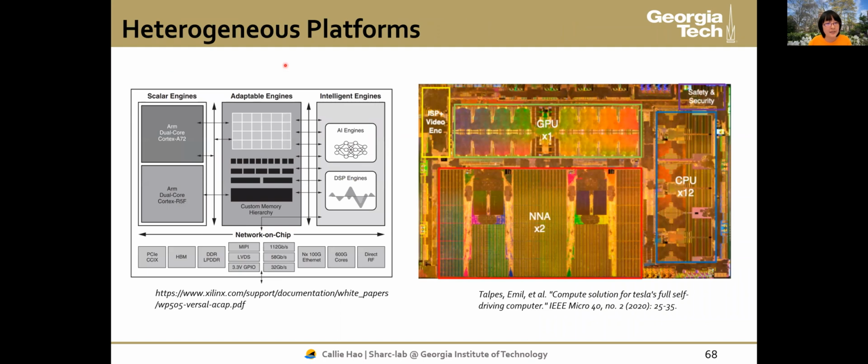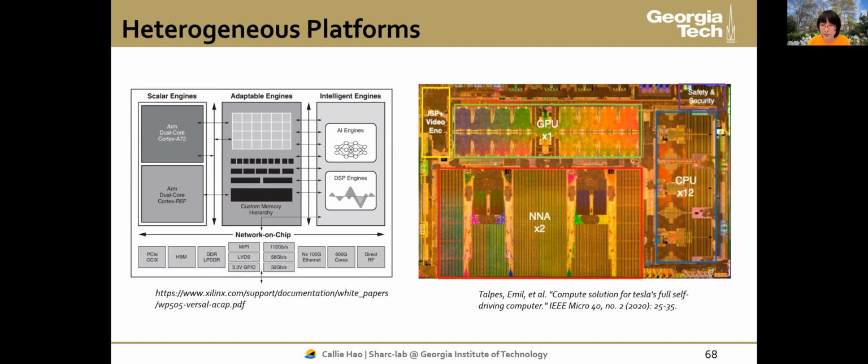And then this is the future of platforms. We're already seeing a lot of heterogeneous platforms by now. For example, on the left is a Xilinx platform. They have some scalar engines, configurable adaptable engines, and intelligent engines, AI and DSP engines. So this is apparently heterogeneous. Same thing here for Tesla. This is an example from Tesla, and they also have a heterogeneous chip.